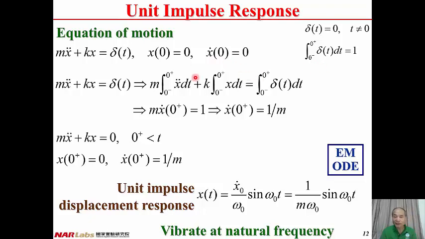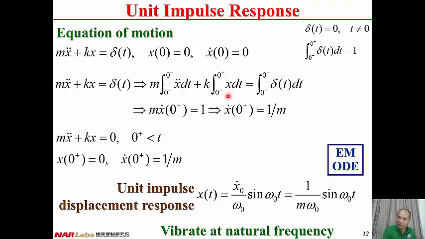And then we consider the second term on the left-hand side of the equation. Since it is impossible to generate considerable displacement without spending any time, the displacement function in general is continuous.